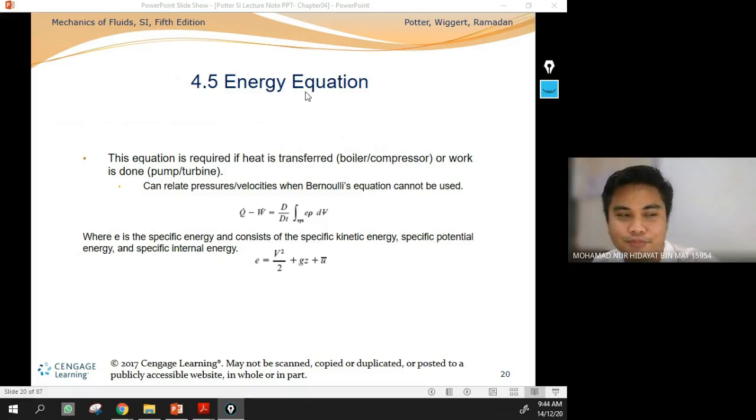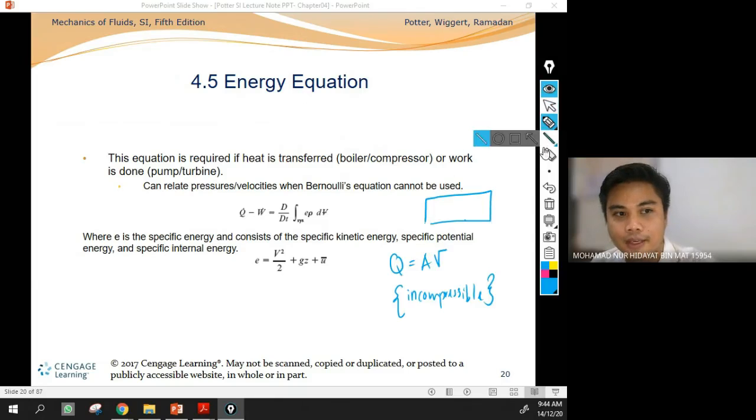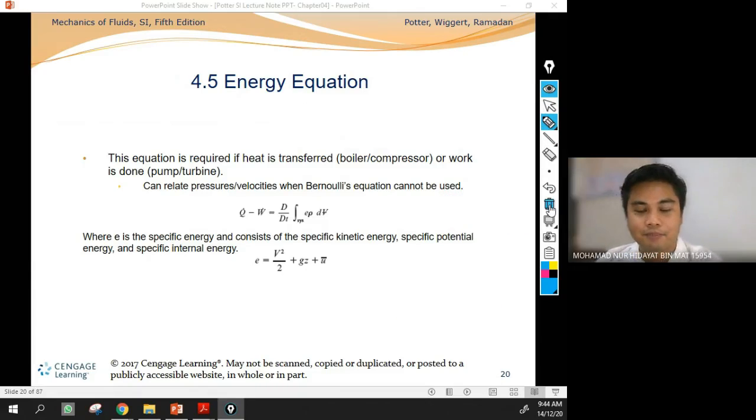So why is the energy equation really important in our daily life? As you know, energy surrounds us. You can see, for example, the aircon, the fan, we have the thermal effect.